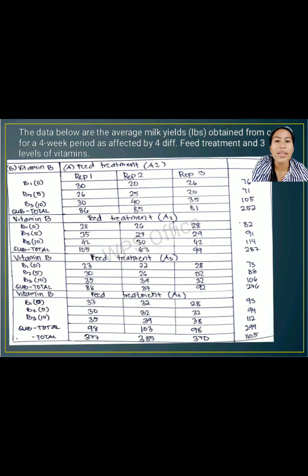Adding it all, we have a subtotal of 299. After getting the subtotals, we add them all to get our final total of 1,105.